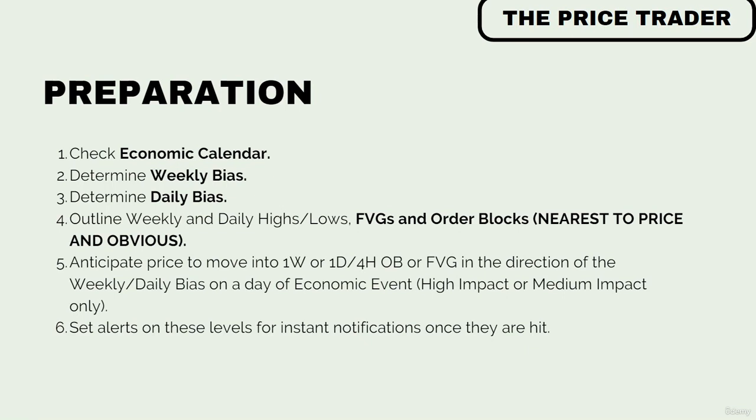So you want to anticipate price now. Once you have outlined all these elements, you want to anticipate that price will move into those weekly, daily, or 4-hour order blocks, or even fair value gaps, in the direction of the weekly or daily bias on a day that you have an economic event. It has to be high impact or medium impact only. So we want to set alerts at those levels.